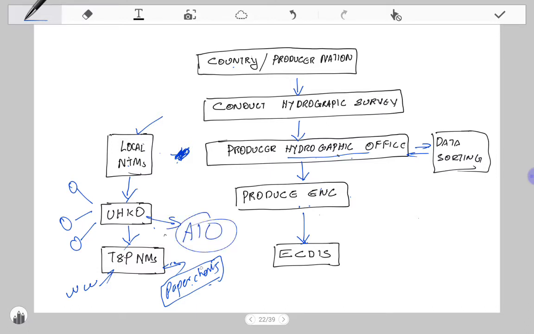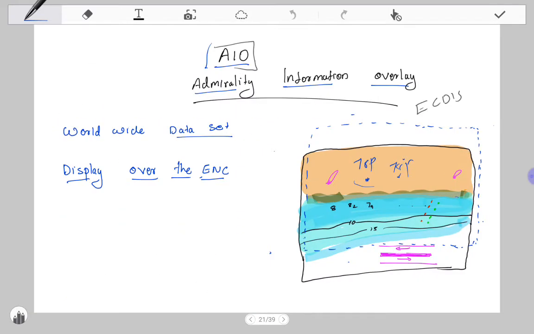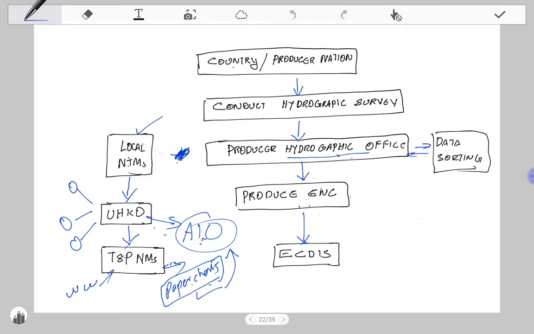That is how the AIO is formed. Inside the AIO, all the TNP notices to mariners of the paper chart are added. So when an AIO cell is activated in an ECDIS, all the TNP notices to mariners for that area will be automatically displayed. That is the purpose of the AIO cell.